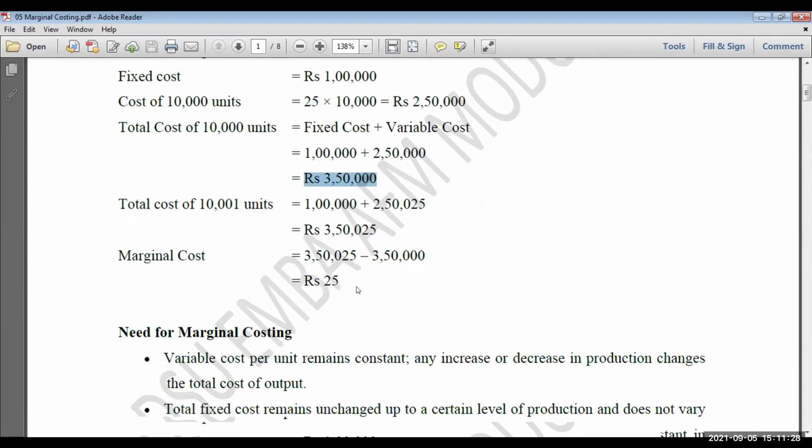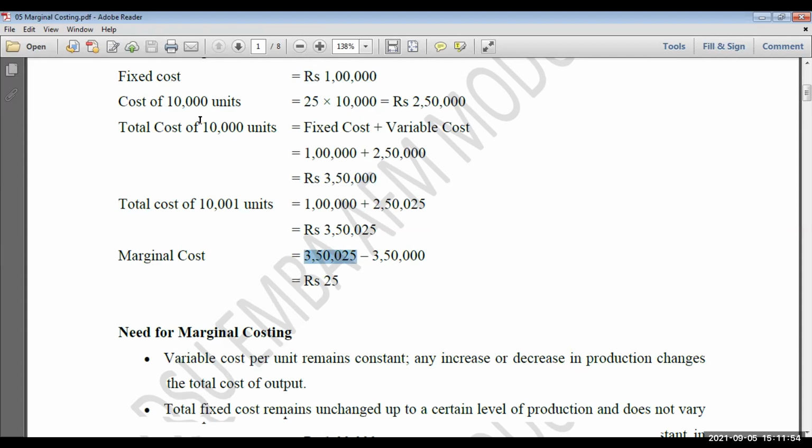If I produce one more unit, from 10,000 to 10,001 units, how much will increase? Only 25 rupees will increase. Because this 1 lakh fixed cost remains constant up to the maximum capacity, 100% capacity. So if you want to produce 10,001 units, I have to spend 3,50,025.